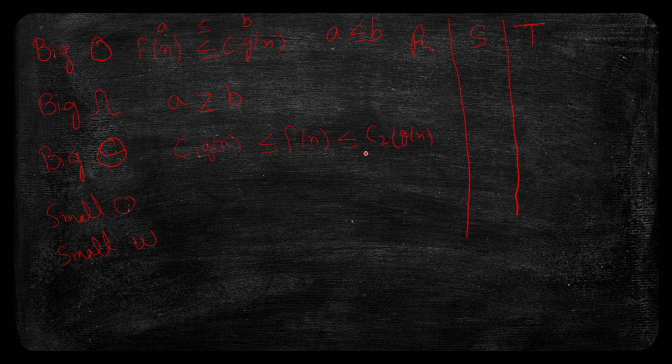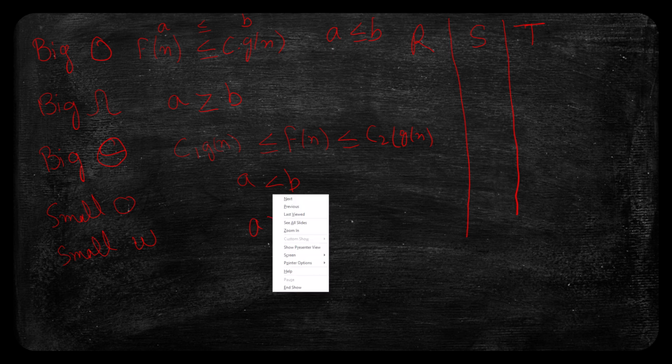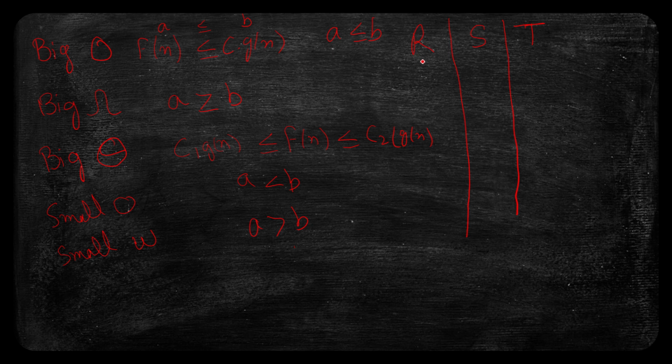Okay guys, last two. A is equal to B and A is less than or A is greater than B. So it's on you. So first of all, A is greater than B, A is less than B. Okay, it is different. Big O has an equal to sign, it does not have a equal to sign, and big omega has an equal to sign, it does not have an equal to sign, it is a greater than sign, it is a less than sign, so it's okay to understand. Okay, what is big O?